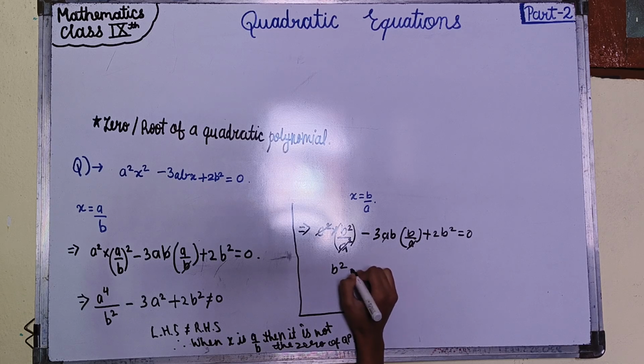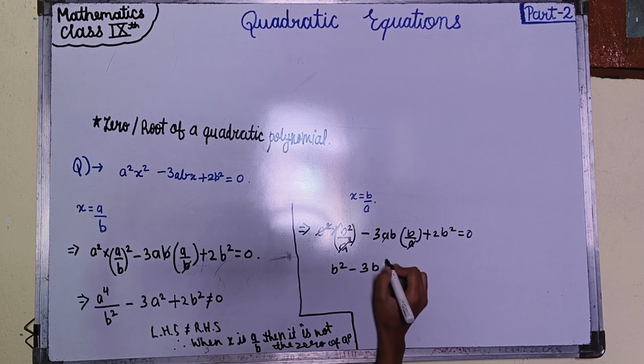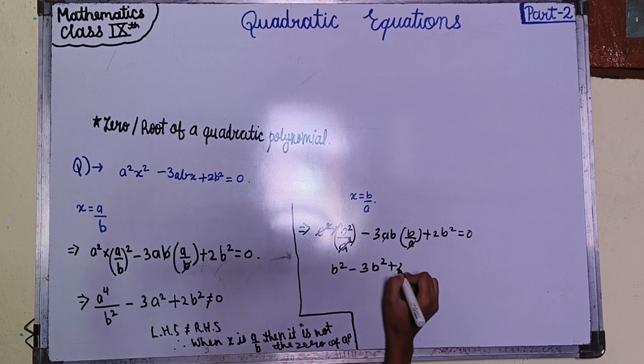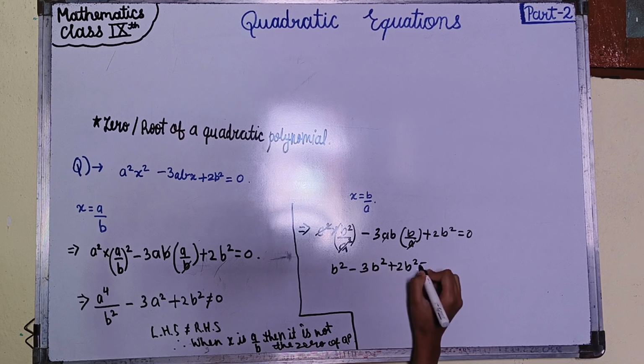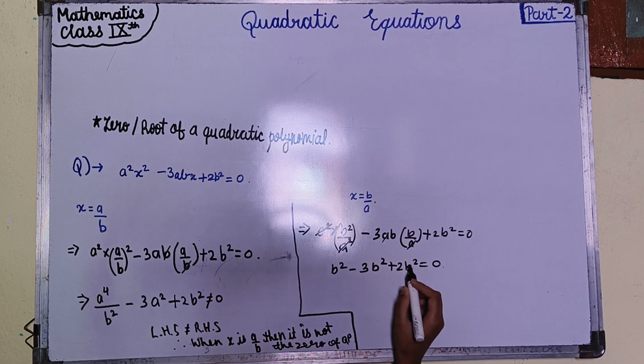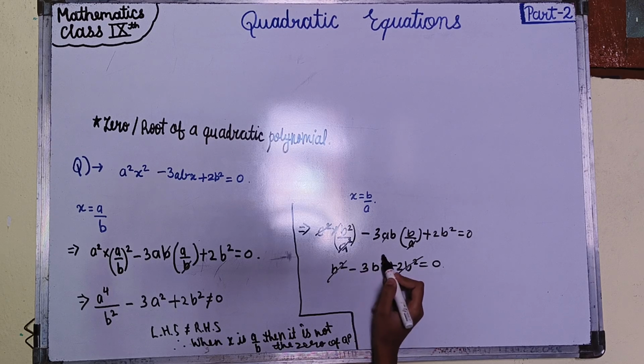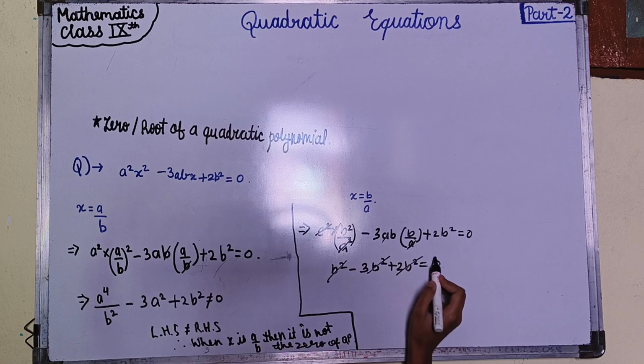We will remain with b square minus 3b square plus 2b square is equal to 0. b square plus 2b square is 3b square, minus 3b square, we get 0.